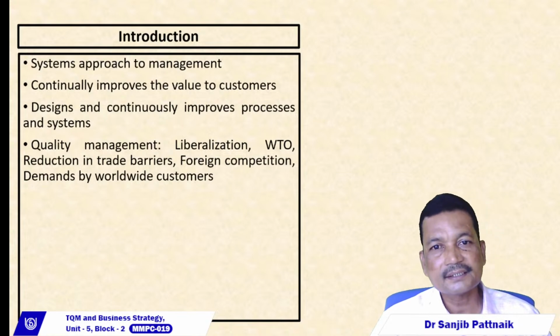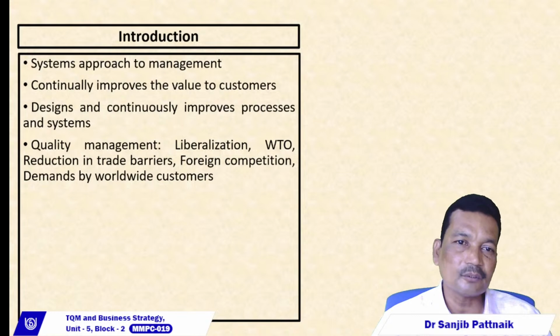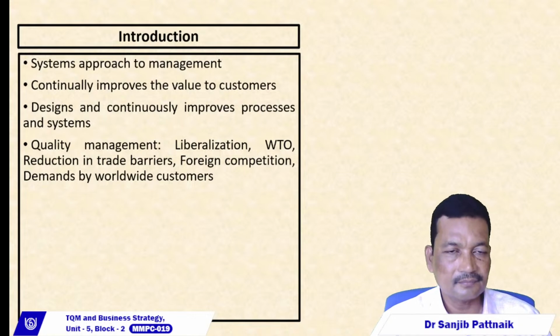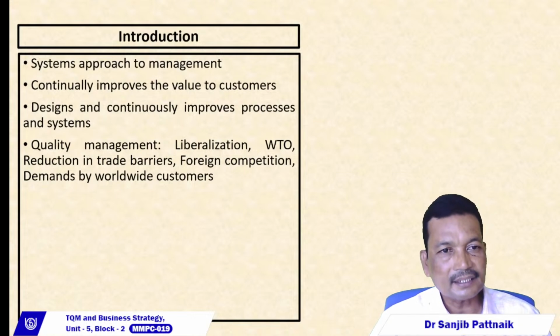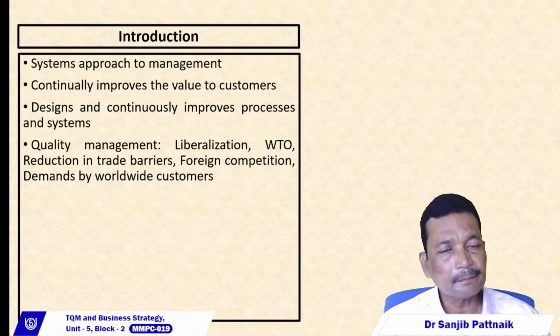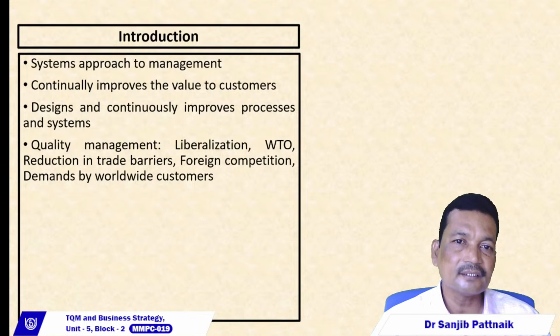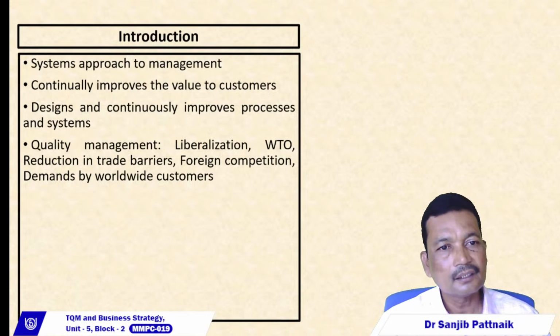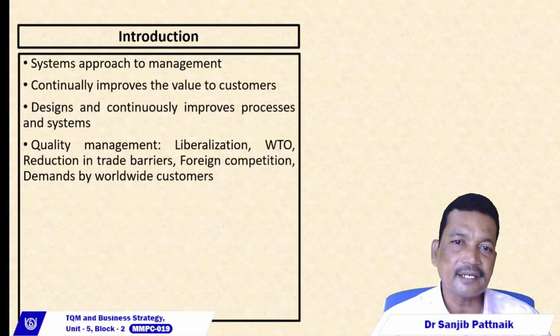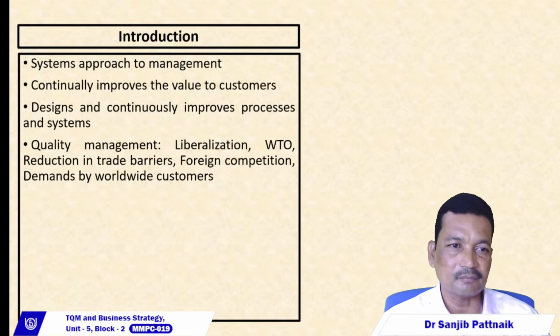The more the benefits with lower cost, the more is the value of the items that the customers are procuring. The total quality management continuously tries to improve the organization as a whole. That means the management, the process, the people, the activities, etc. So that the quality continuously improves the value to customers. That should be the basic bottom line.